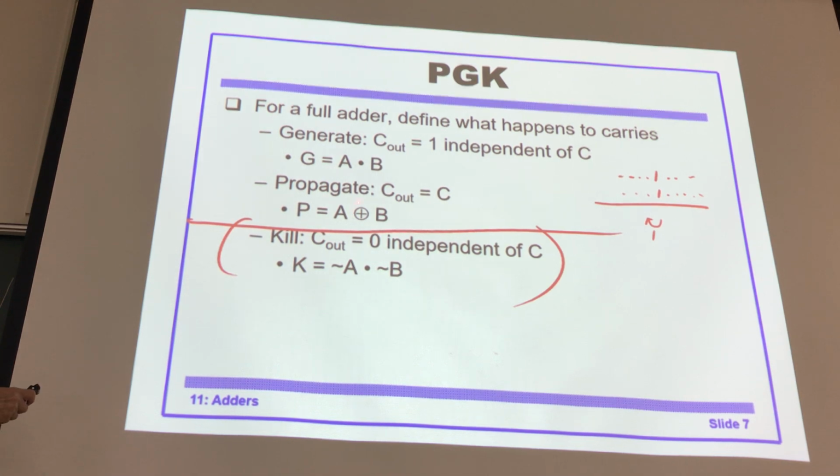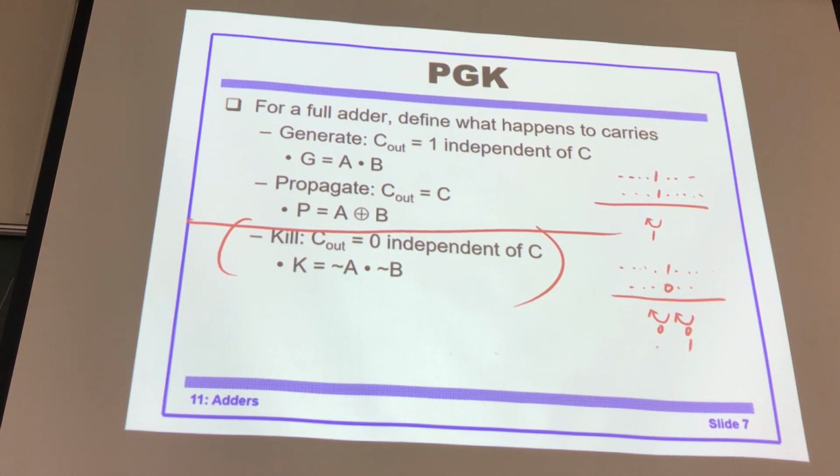Carry propagate, P, equation is A XOR B. What does that mean? Carry propagate means that at some bit position, the carry in will determine your carry out. If carry in is 0, you get carry out 0.